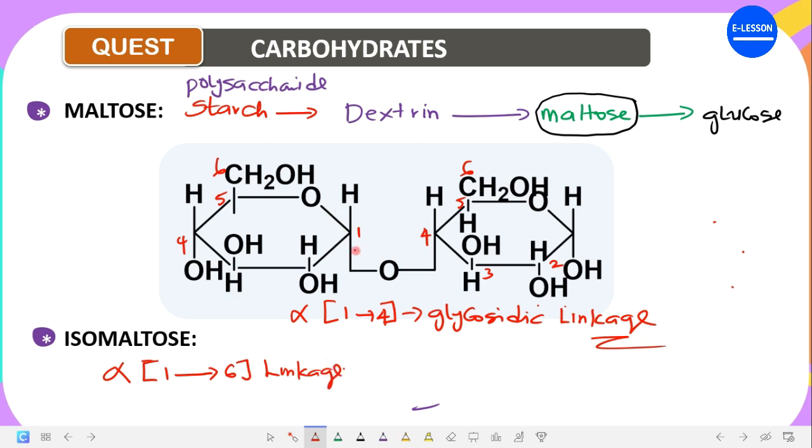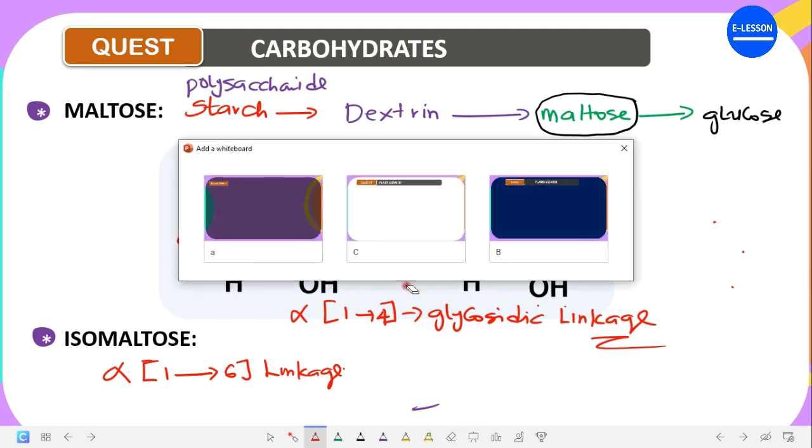Now, what does that mean? It means that this OH here, are you getting it? This bond will not be formed here. Rather, the bond will be formed on top of this CH2OH. What we mean by that statement is, this is number 6. Let me try and see if I can draw a rough sketch.